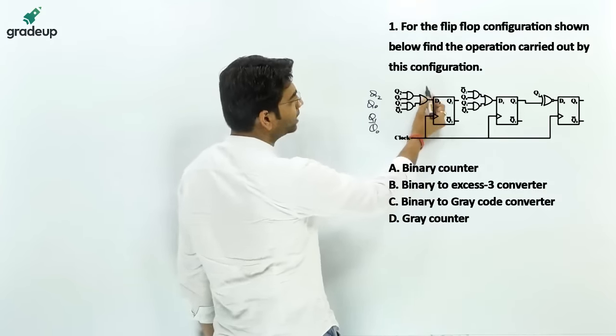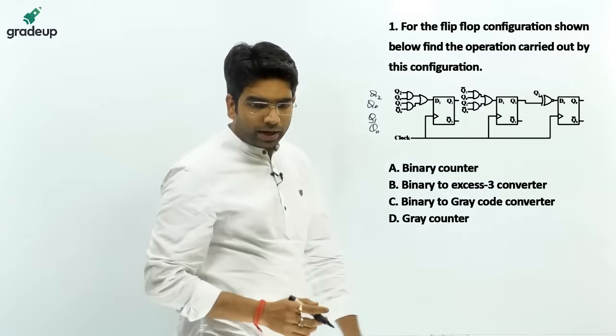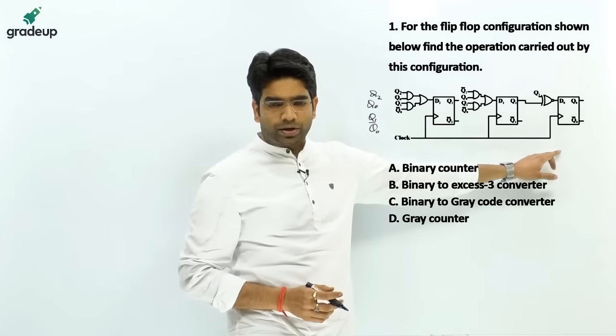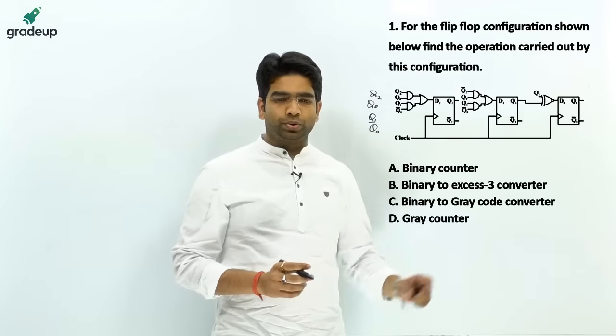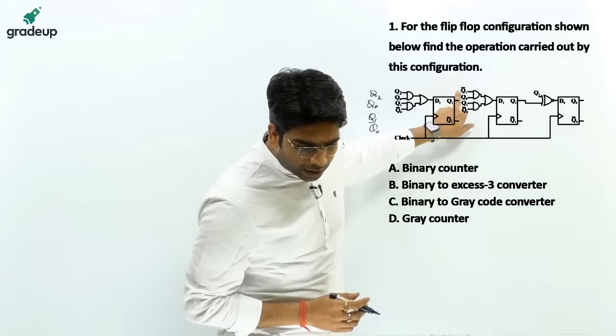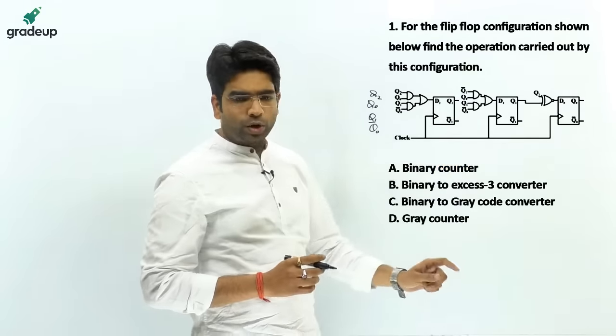In the second, it is D2; on this side it is D2, this side is D1, this side is D0. The text is a bit small, so let me clarify: the upper one is Q2 bar, and here Q0, and it is Q1, Q0 bar.